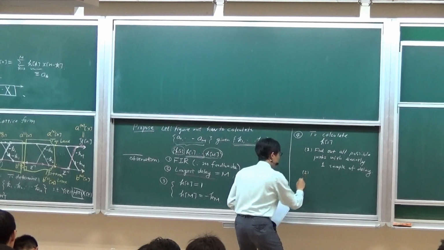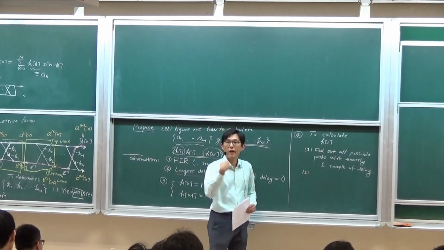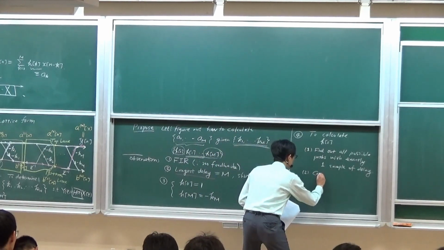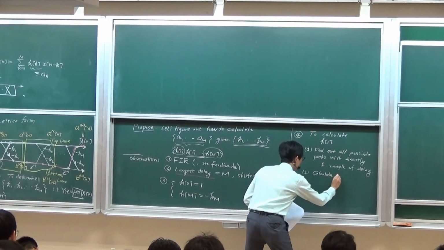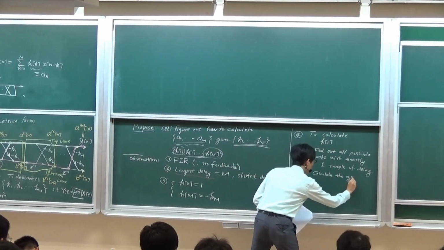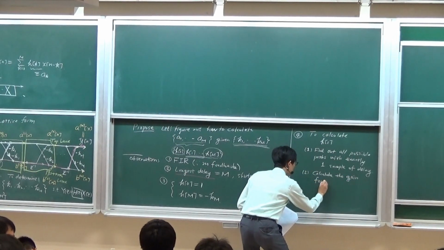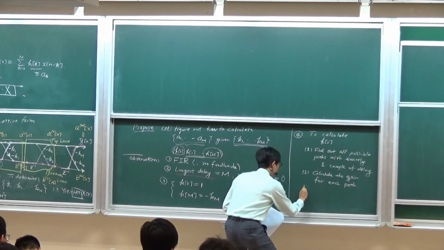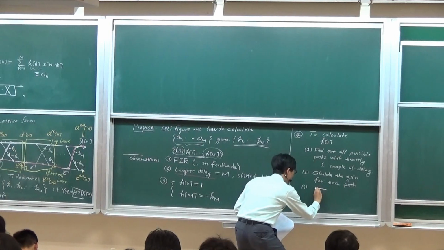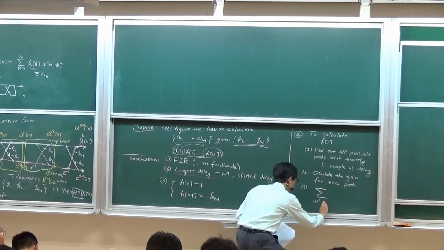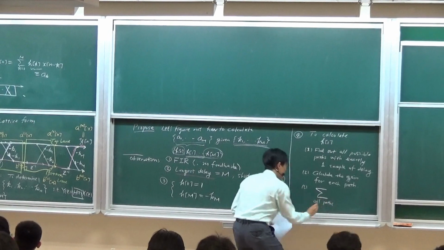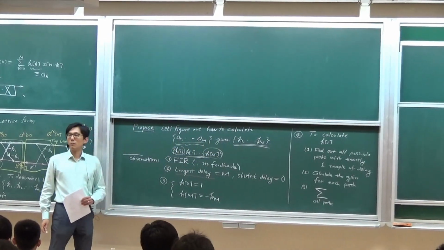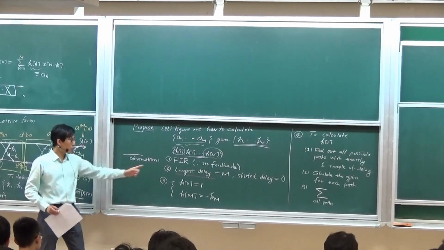Secondly, for each path, there should be an associated path gain, the gain of that path. And third, sum over all possible paths. Roughly speaking, it's doable, but that's only for H1.